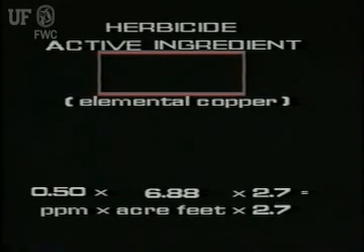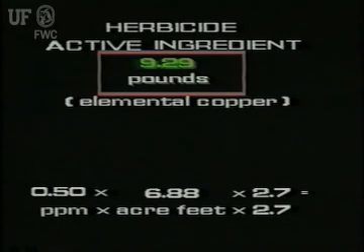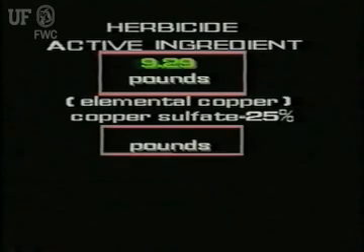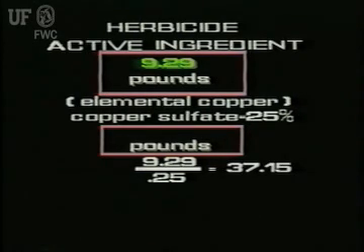So the herbicide active ingredient is 9.29 pounds of elemental copper. Since copper sulfate is 25% elemental copper, the pounds of copper sulfate needed is 9.29 divided by 0.25, or 37.15, or roughly 37 pounds of copper sulfate.